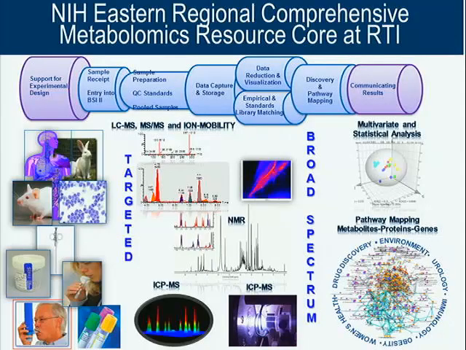Okay, so for technology, I've referred to broad spectrum profiling of metabolites using nuclear magnetic resonance spectroscopy and time of flight mass spectroscopy, either coupled with liquid chromatography or gas chromatography.